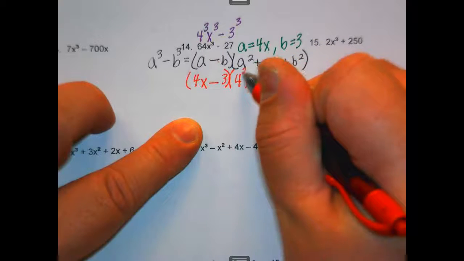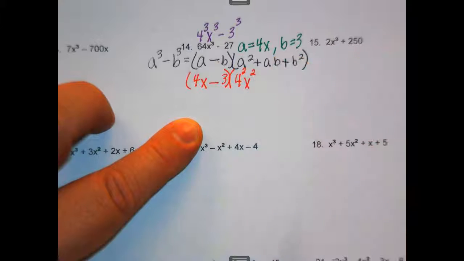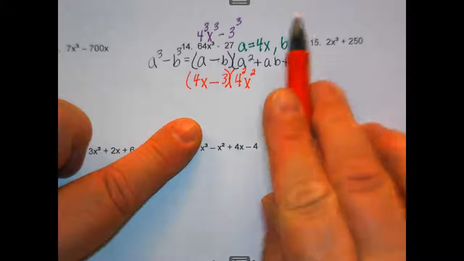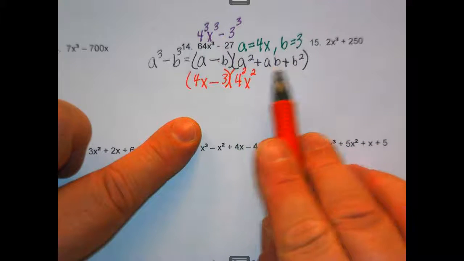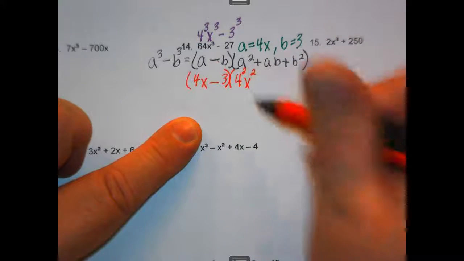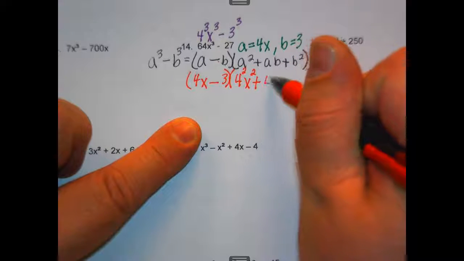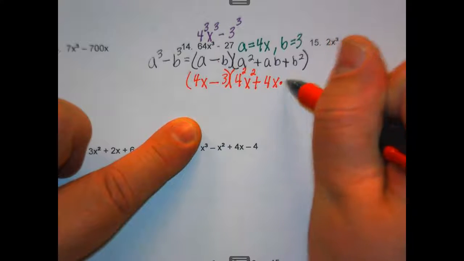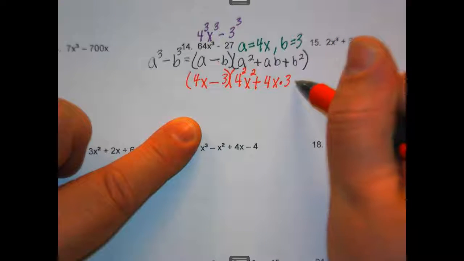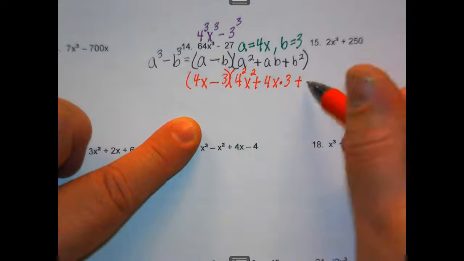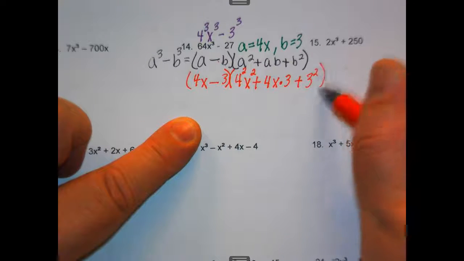I have to square each, the number and the variable, plus a times b plus a times b plus b squared.